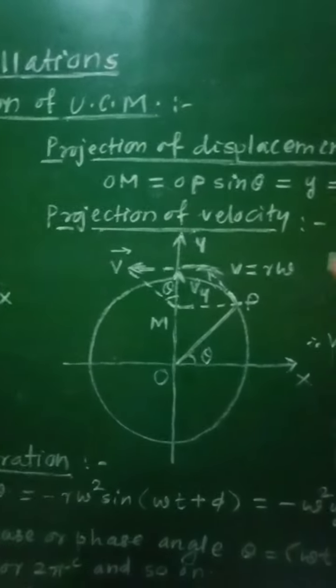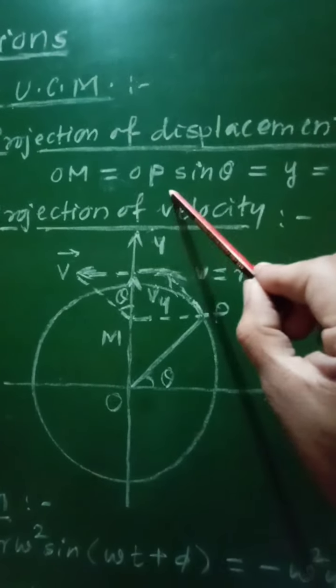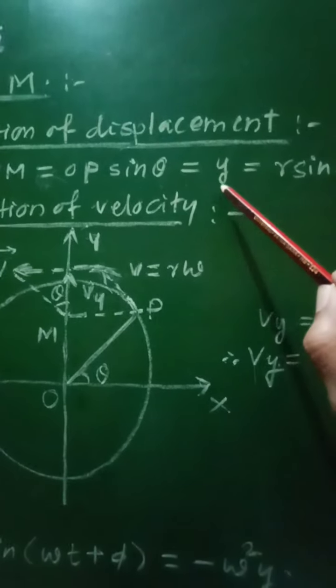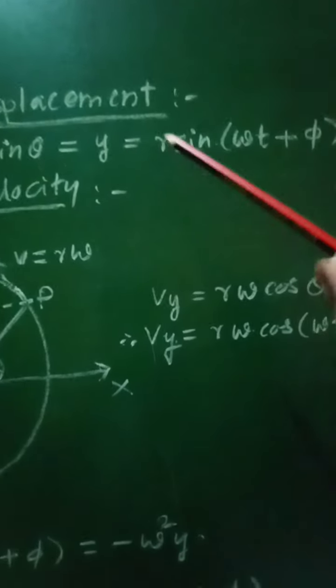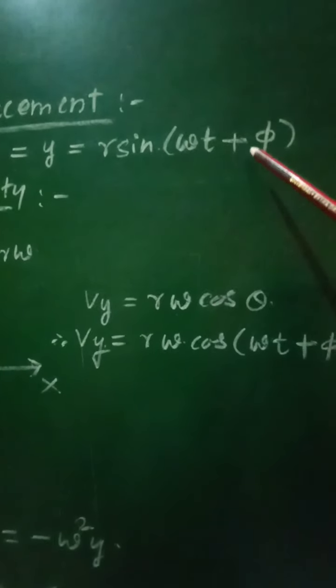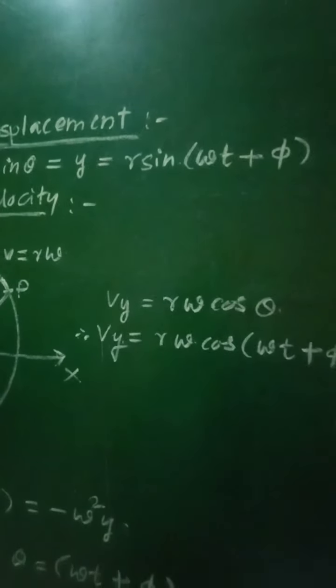The projection of displacement OM will be equal to OP sin theta, that is y equals r sin theta, but theta is omega t plus phi, and therefore y is equal to r sin of omega t plus phi.